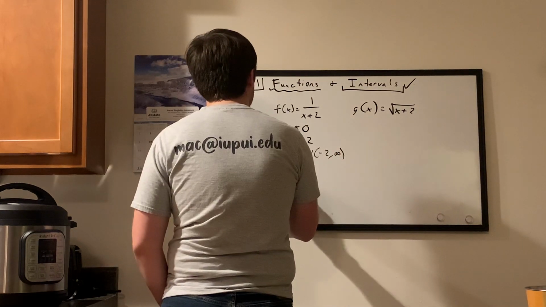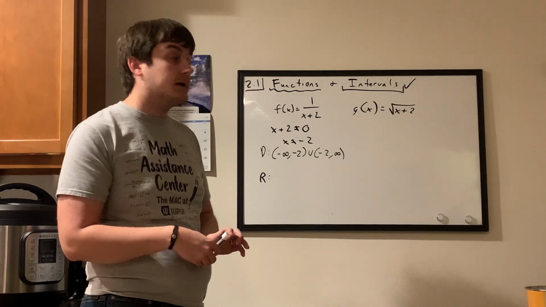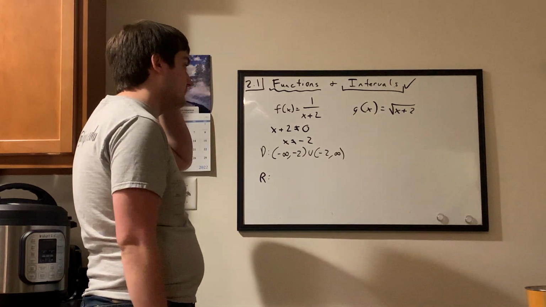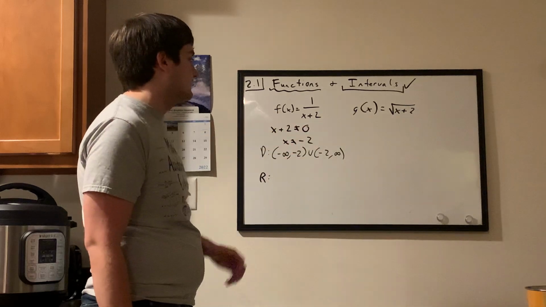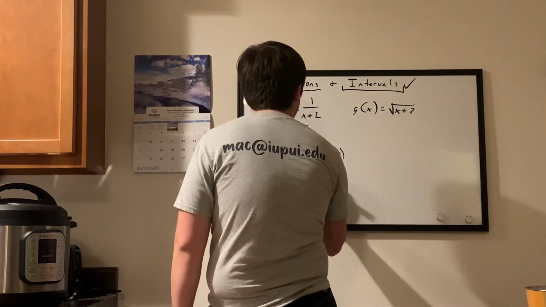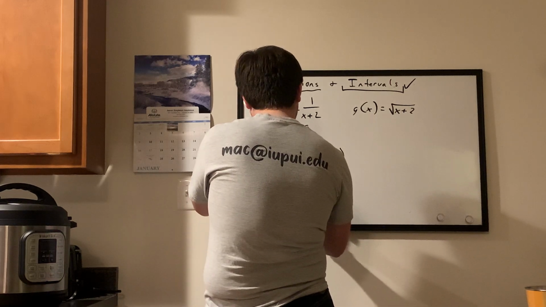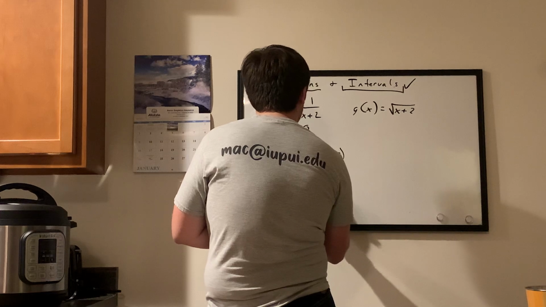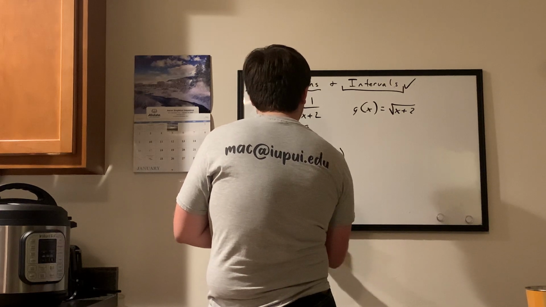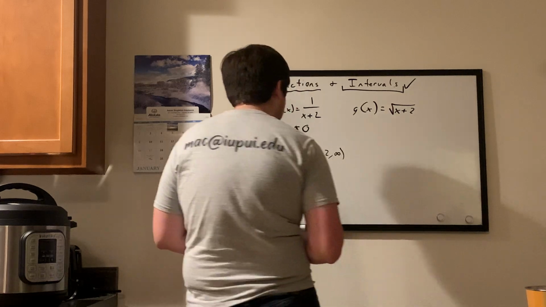What about the range? Well, again, we could try to set up the b situation, you know, think about this random b value that I want. x plus 2 equals 1 over b, at which I get x is 1 over b minus 2, right?